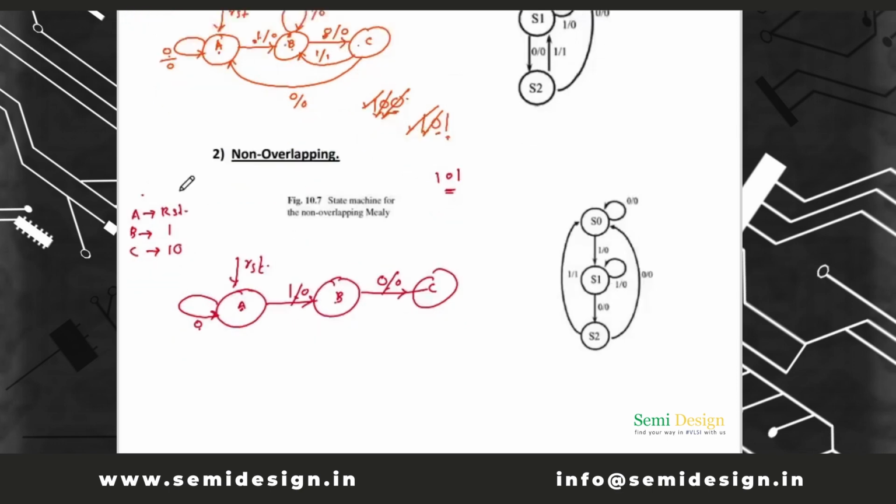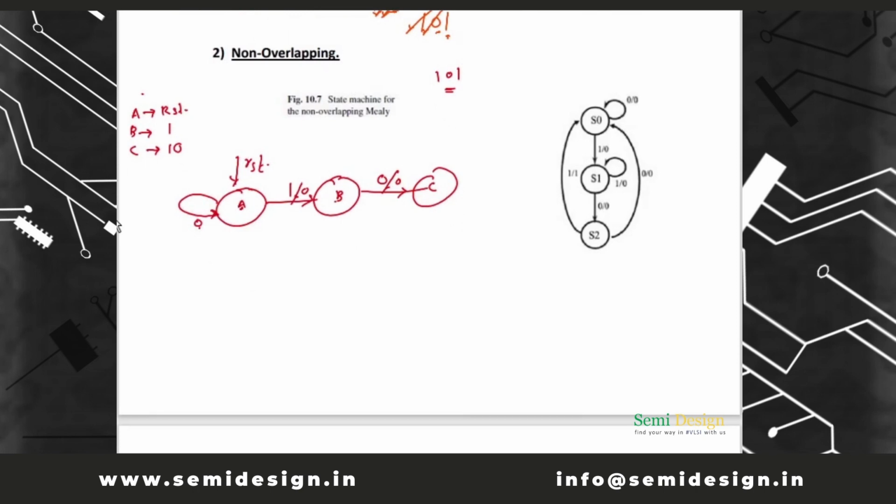Okay, now see, we are at B state. Okay, 0 is completed. Now what happens if 1 is there? So take this 1 and here is 0. Now take opposite of this.